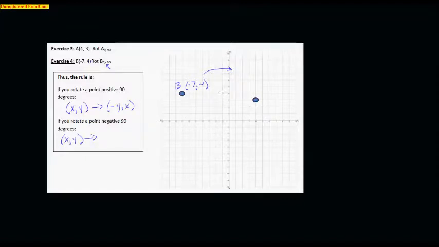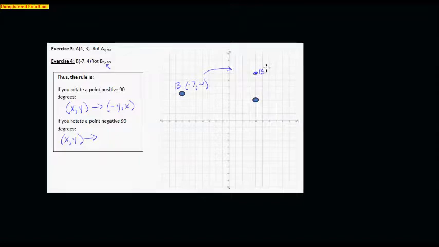You can take your paper and turn it 90 degrees. If I do that, this point is going to end up at 1, 2, 3, 4, comma 7. I miscounted that. 1, 2, 3, 4, 5, 6, 7. It's going to end up right there.